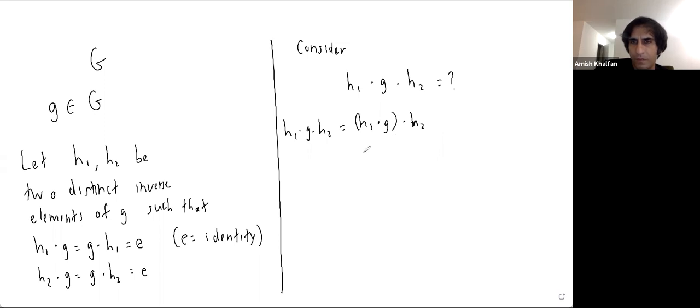And so if we do it that way, h1 is an inverse element of g, so h1 acting with g from here would give us the identity. And the identity acting on h2 would just give us h2. So we see that this product of terms, h1 dot g dot h2, gives us just h2.